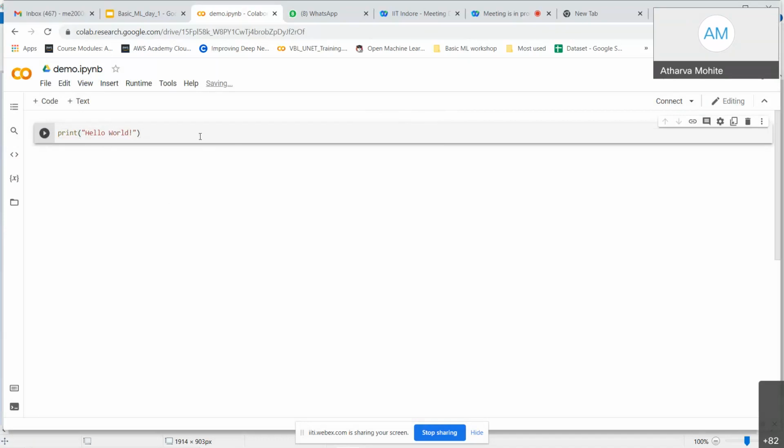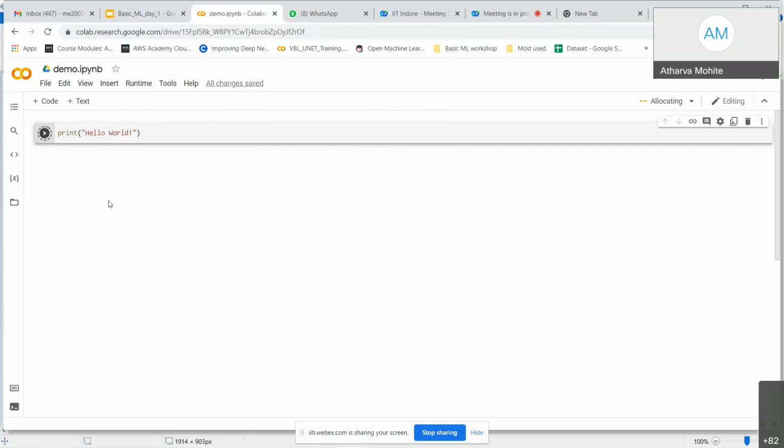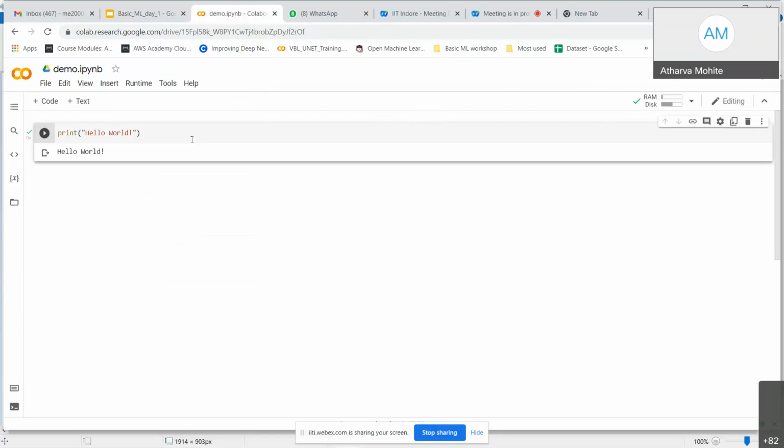Now we can execute this code block either from here, or we can directly click on this icon. It first connects the notebook to the server. As you can see, it has successfully executed the code.